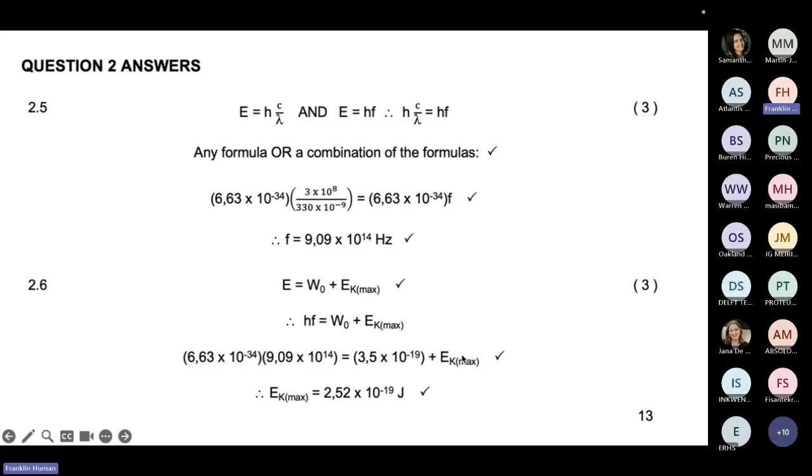And that was the question for the specific. This is what you had to calculate. So if you make the kinetic energy of your electron the subject of the equation and solve, you get the value of 2.52 times 10 to the power negative 19 joules.